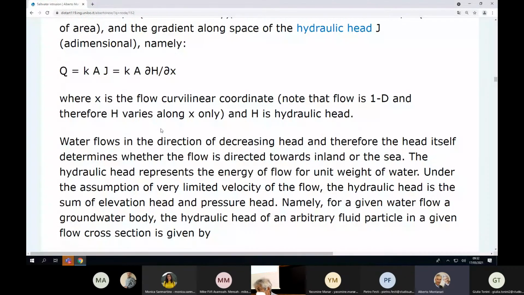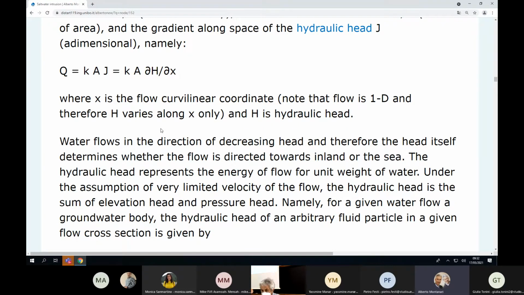We already discussed a little bit about Darcy's law. When we derived the groundwater flow equation, you may remember that at a certain point we decided to simplify the problem by introducing Darcy's law, which is conditioned by some assumptions.